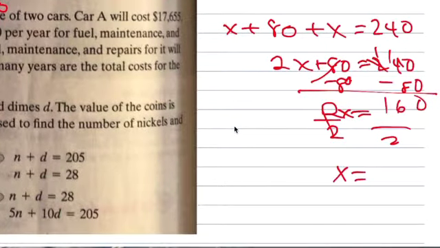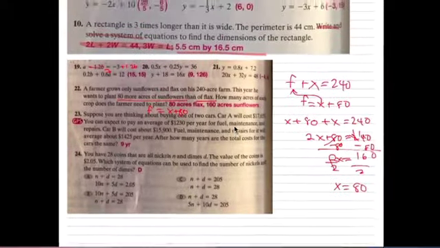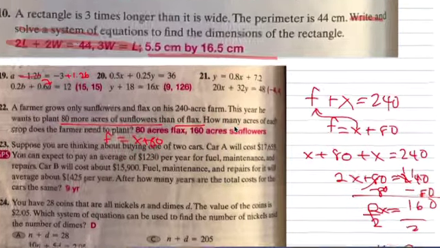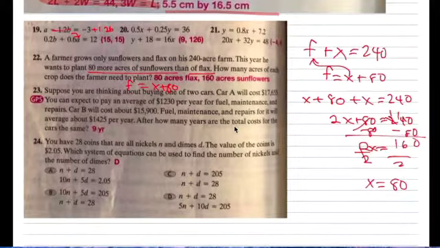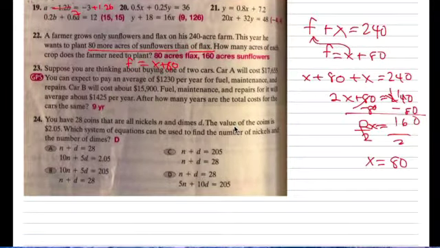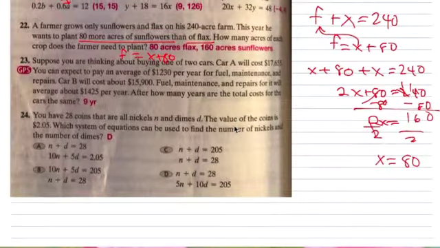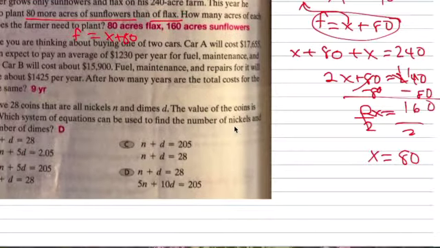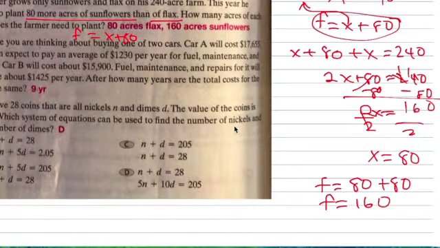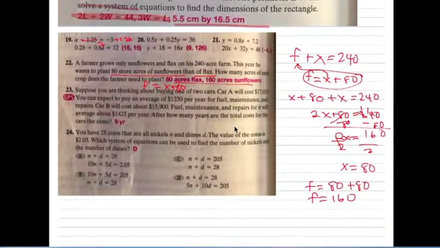X is flax. Okay, if there's 80 flax, what you need to do is go back and use that equation and find how many sunflowers. So F, sunflowers, 80 more, right? 80 plus 80. There's 160 sunflowers, acres of sunflowers. That's how they got that answer.